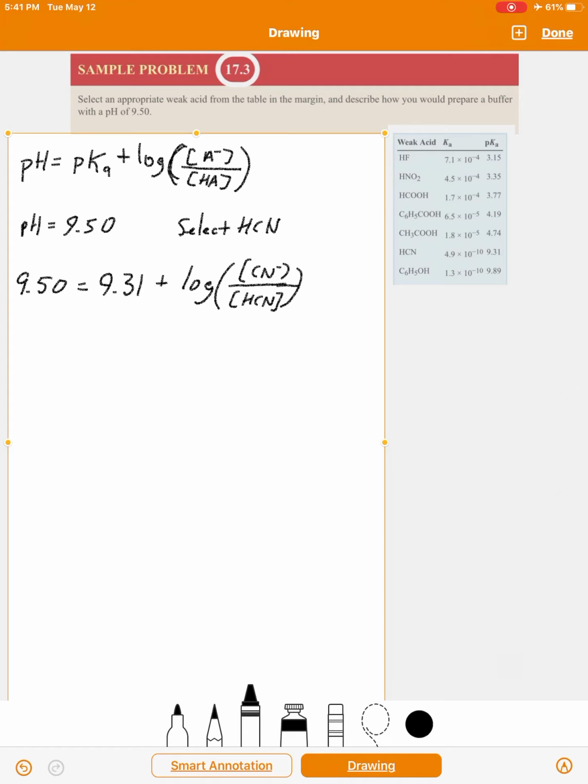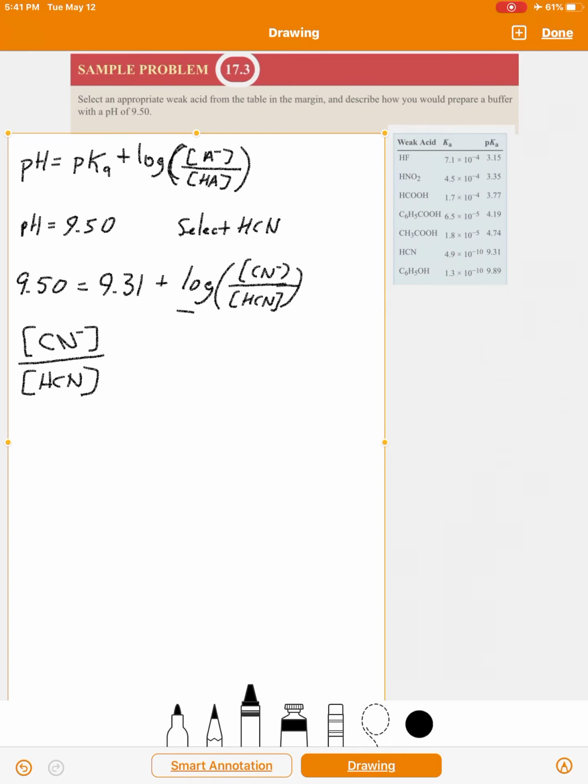Now what we're going to do is a little bit of arithmetic. Generally, what you want to do is isolate the ratio of cyanide, the conjugate base, to the weak acid. That's usually good enough just to answer that. Sometimes you can go a little bit further, but that's usually what we want to do. So let's go through the algebra of doing that.